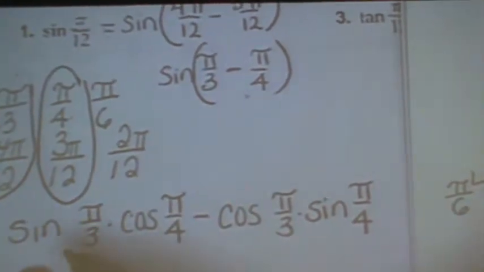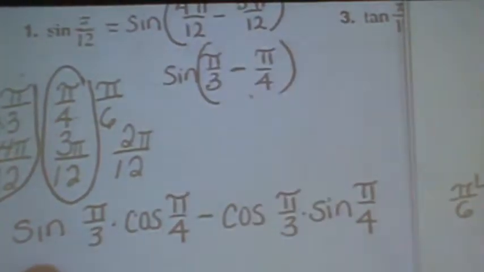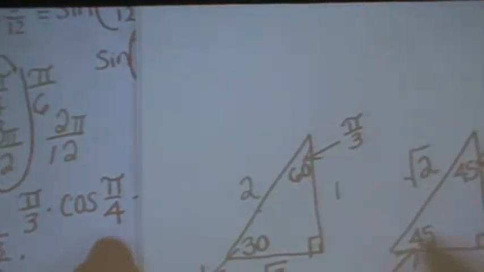So now, looking at these, you want to find what is the sine of pi over 3. So you're going to go to pi over 3, sine of pi over 3, that would be root 3 over 2. The ratio is root 3 over 2. Times the cosine of pi over 4 would be 1 over root 2, or you could say root 2 over 2.